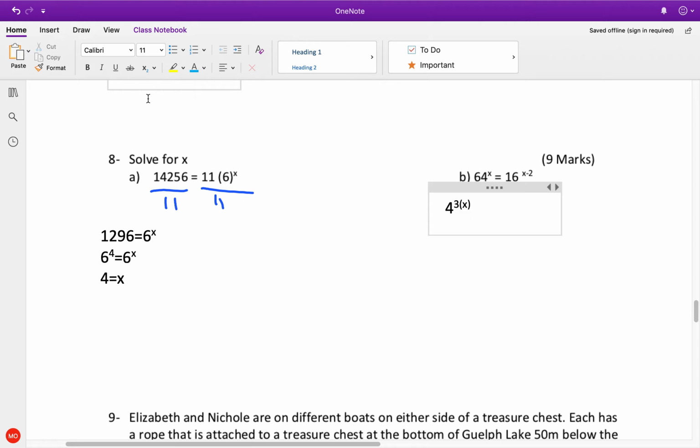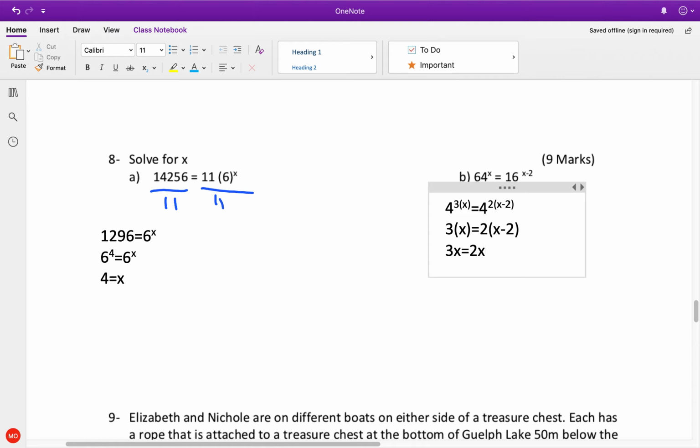And then equals 4, as I said before, squared. Now what's already up here is the x minus 2. Now that we have similar bases, we can go from there. Let's drop the bases. So we have 3 bracket x equals 2 bracket x minus 2, which is going to equal 3x equals 2x.